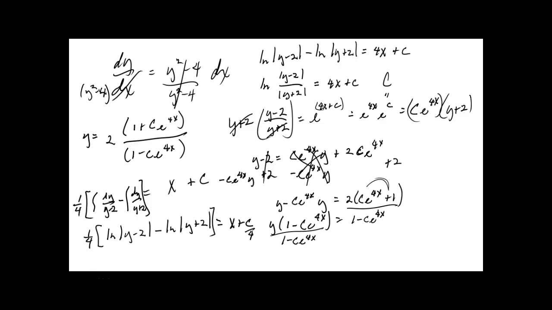And if c is equal to 0, then that would be a solution. Okay? Well, c is supposed to be arbitrary, so that's okay. There's no way you can get y is equal to minus 2 out of this one. So that's the one we lost, okay?